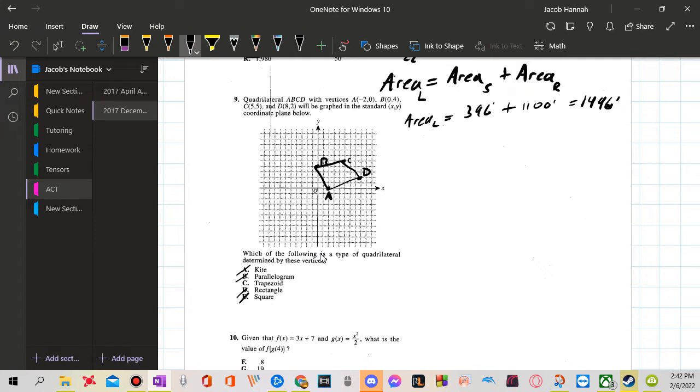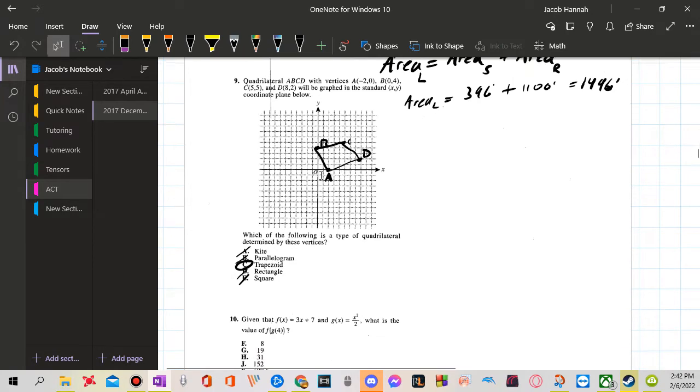A trapezoid is when one part appears different from the bottom, when this part is shorter than this longer part. So in this case it'll be a trapezoid, which I don't really like. But okay, that's a trapezoid, if you believe it, since this side is shorter than this side. Alright.